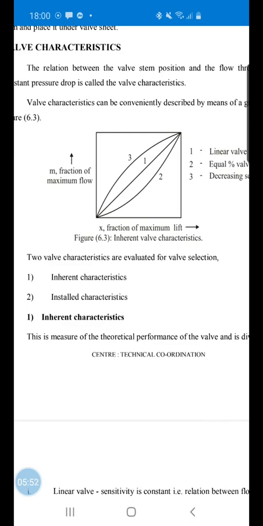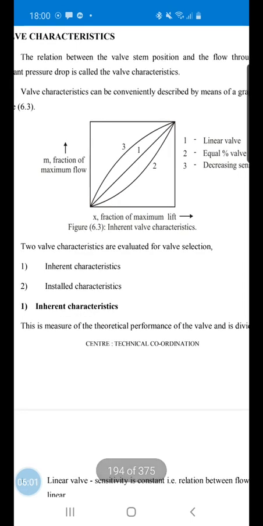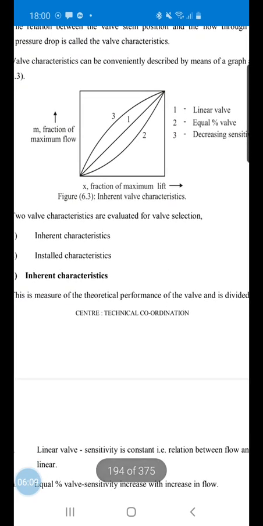These valve characteristics are described in three different types. The in between line is the curve for the linear valve. The second curve is for equal percentage and the third curve is for decreasing sensitivity.